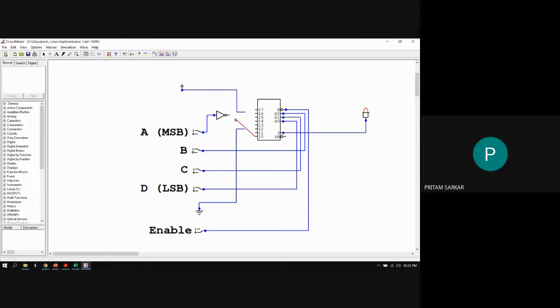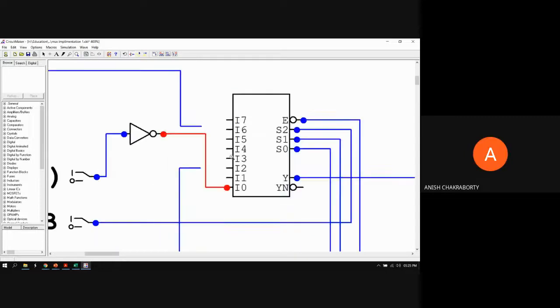I0 equal to A bar. Then I1 equal to 0. Then I2 is also A bar. I3 is 0.